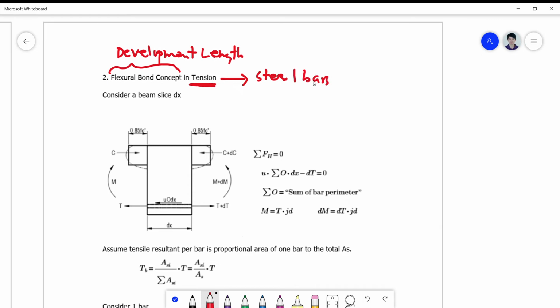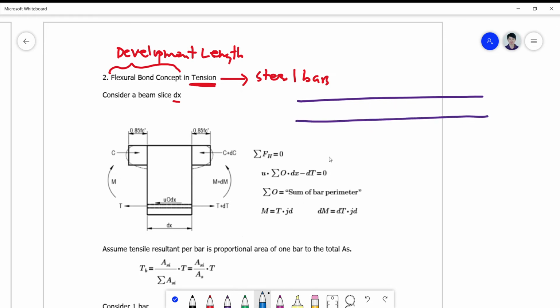So if I have here a slice of a beam, dx, assuming that I have a whole beam here and I just get a slice of this, dx. So this is my slice of the beam.